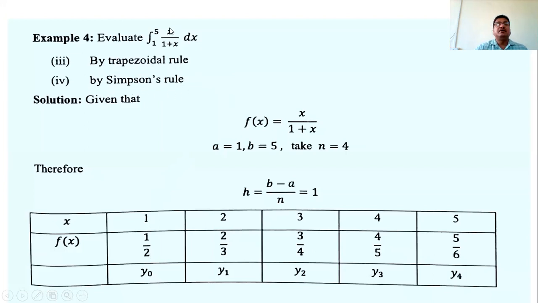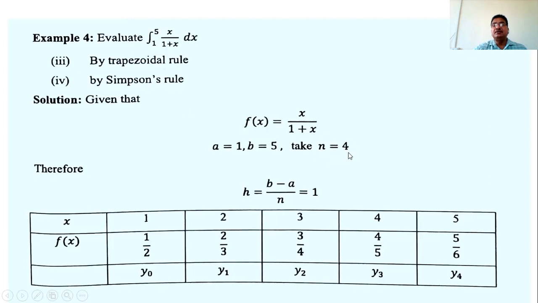So we first divide this interval. f(x) is x by 1 plus x, a is 1, b is 5, and then we have to decide how many subintervals of this 1 to 5 under trapezoidal rule and Simpson's 1/3 rule.